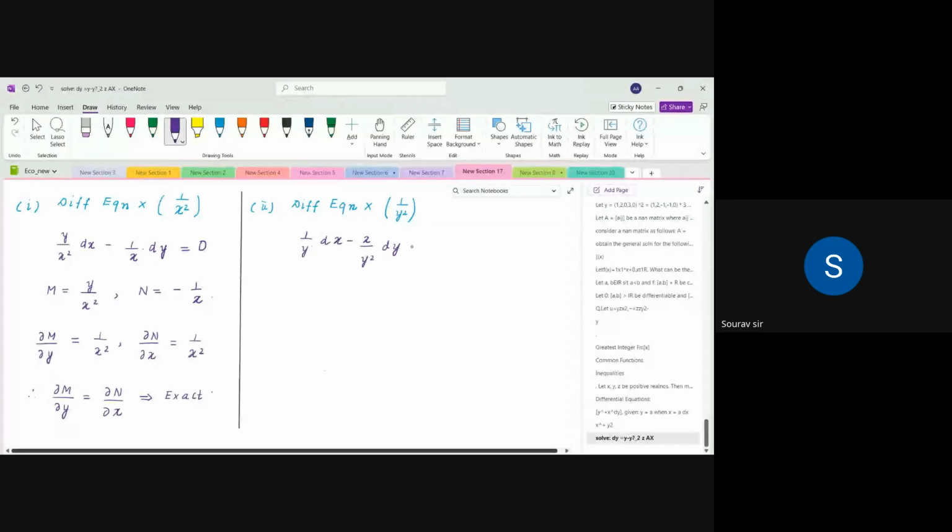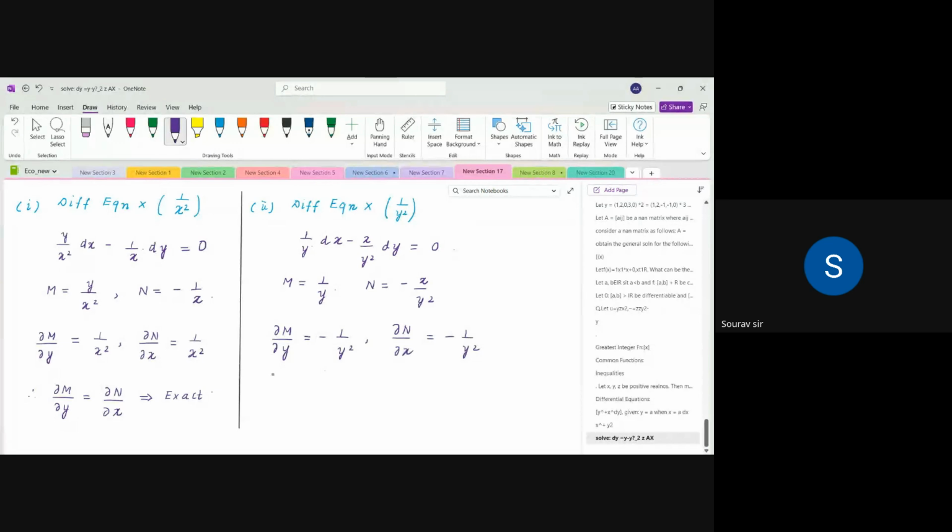And if I try to check for exactness, over here your M is 1 upon y, your N is minus x by y square. So your del M by del y is minus of 1 by y square, and your del N by del x is also minus 1 upon y square.